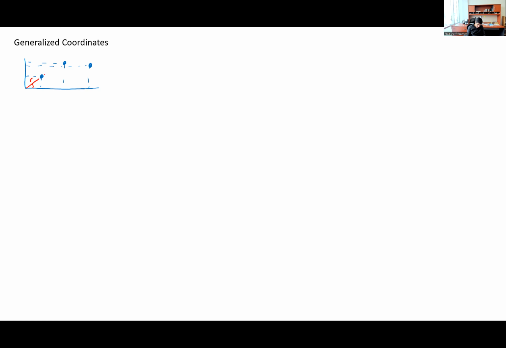But extending that idea, we can choose a different, or no, maybe let's do this. Choose, instead of x and y of the other coordinates, I can choose something maybe relative to the previous one. So these two are new, let's call them generalized coordinates that I can use to describe the object.